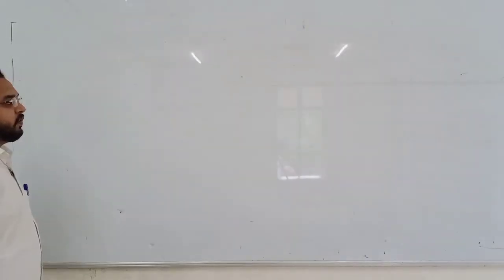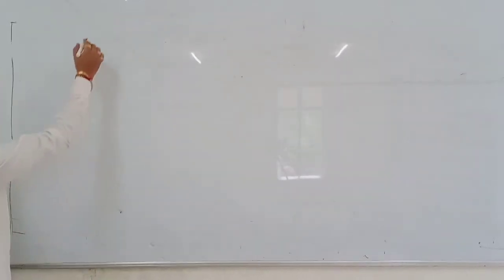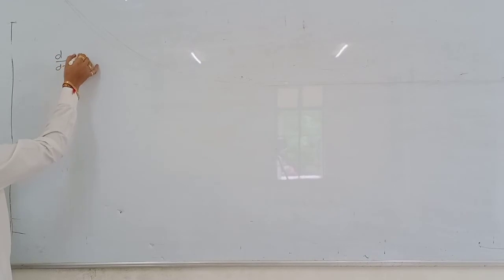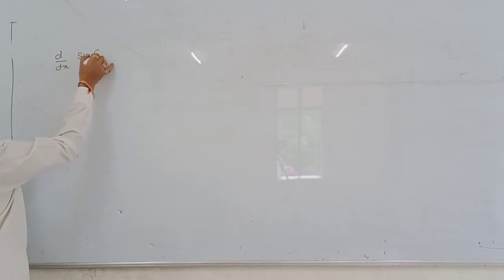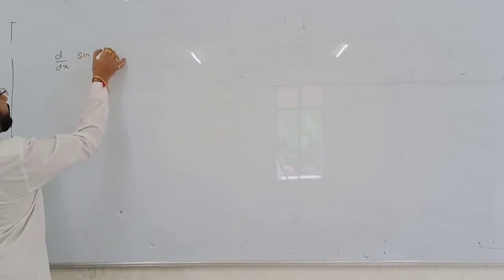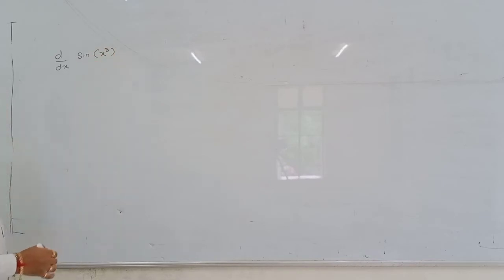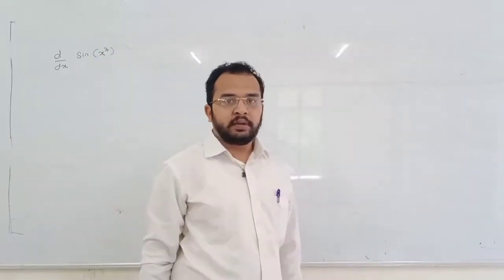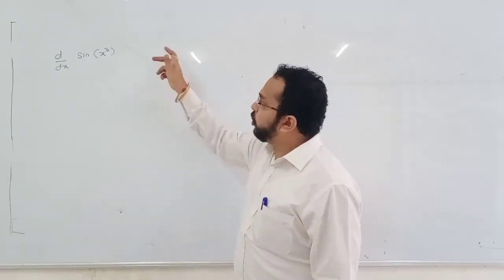Now in the case of trigonometric functions, we are going to see the chain rule. For example, differentiation of sin x we know, but suppose the differentiation of sin x cube is asked. So what is theta here? Theta is x cube.